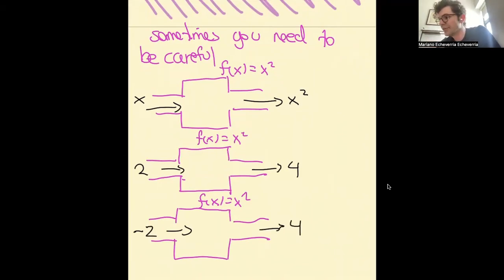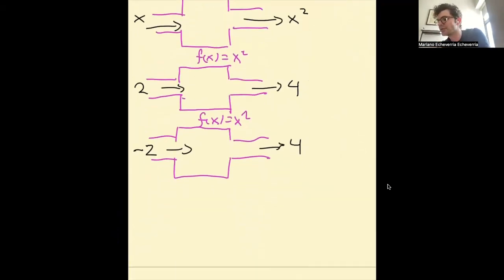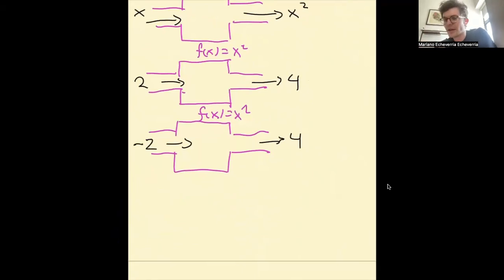So if you wanted to run the machine in reverse, the input would be 4 now, but what should the output be? How do you decide what the output is? The convention for something like x squared is that you take the inverse whenever you're considering values of x that are non-negative. So the inverse of this function should be the square root.